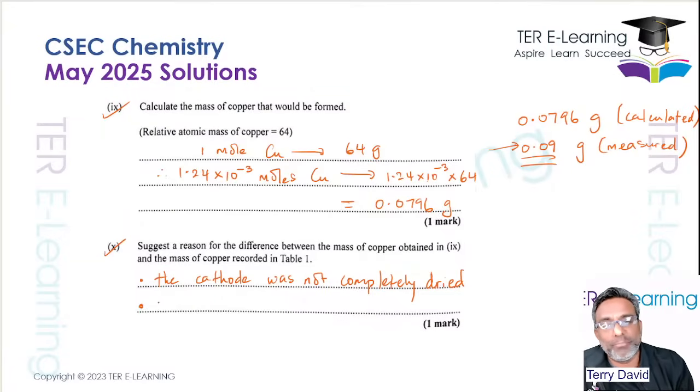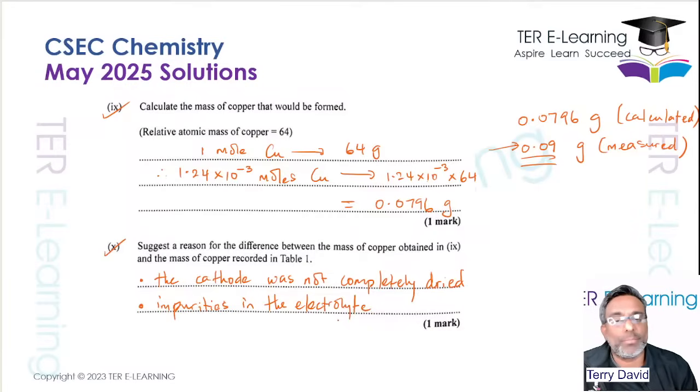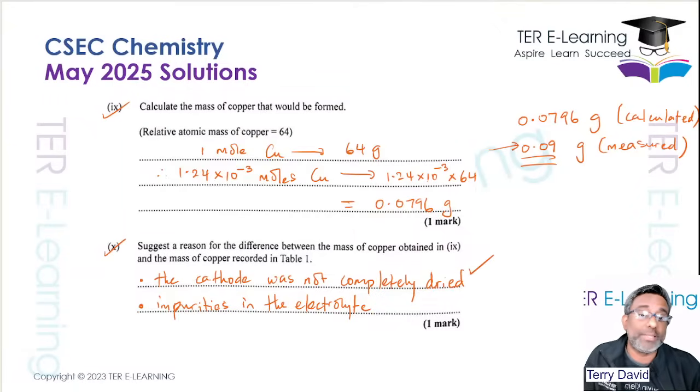So impurities in the electrolyte, as a possibility. But the more likely one is this first one here. The cathode was not completely dried, so therefore when you measure the mass, obviously it's going to be more.